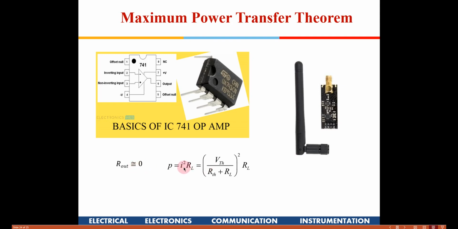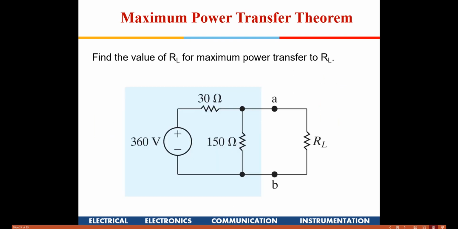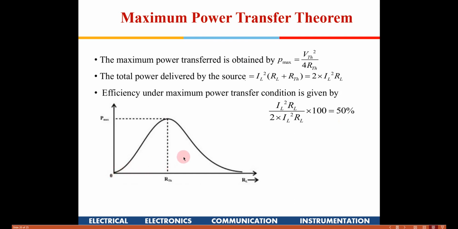So if you see the power equation, it is I squared into RL, where I is VTH over RTH plus RL. This RTH is almost 0, right? So you can see that in this particular case, if you keep decreasing the resistance, the power will keep increasing, because it is V squared divided by RL. So here RTH is almost 0, and we will see only this portion of the curve.